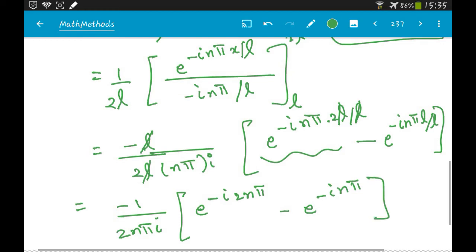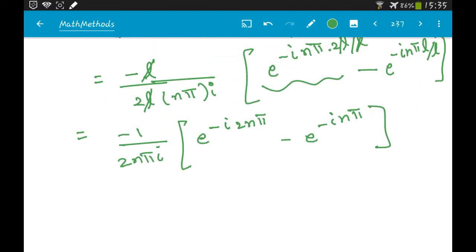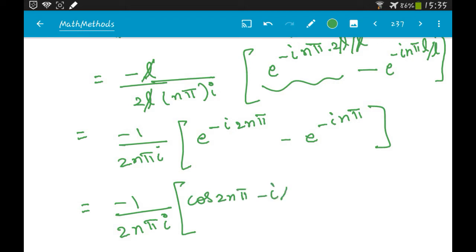Okay, alright. So let's look at this. e power minus i 2n pi would be cos 2n pi minus i sine 2n pi, minus cos n pi minus i sine n pi.